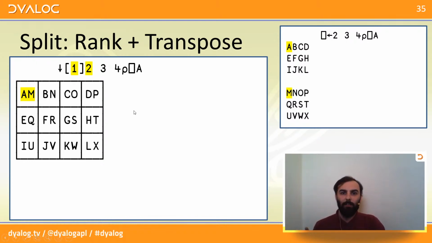On the first axis. So have a think now, how would you rephrase this using rank and Dyadic-Transpose? Well, what we're going to do is substitute split with Enclose-rank 1, enclosing vectors.